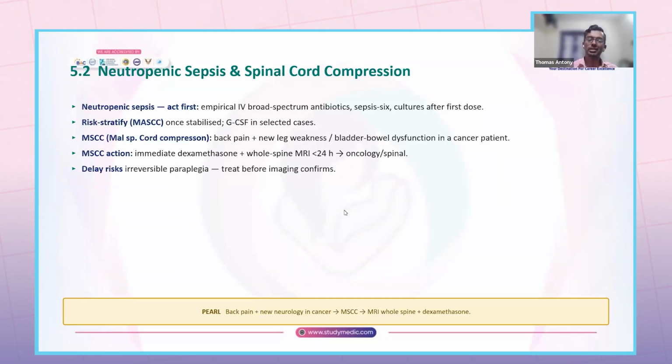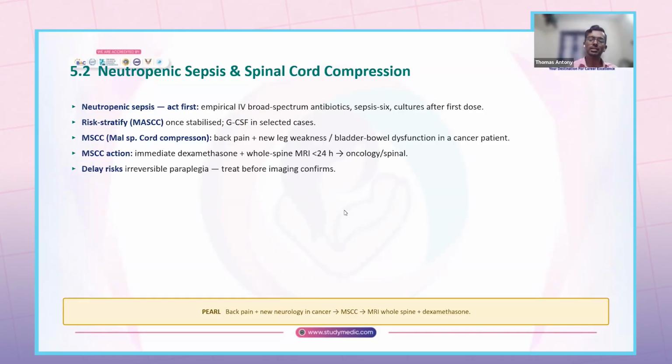So, neutropenic sepsis and spinal cord compression. Neutropenic sepsis is act first. Even if we require cultures, antibiotics need to be administered first, and cultures can even be taken after the first dose, because antibiotics need to be given first. Then risk stratify using the MASCC scoring system.